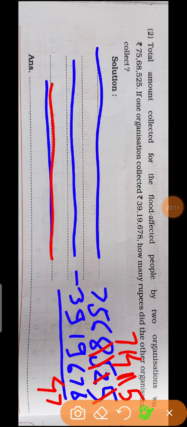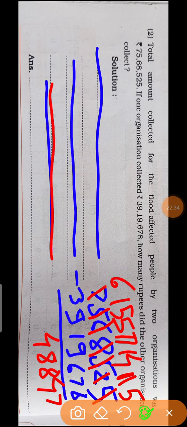Here 14. 14 minus 6, 8. 7 minus 9, it's not possible, so we have taken borrow. Here 17. 17 minus 9, 8. 5 minus 1, 4. 5 minus 9, it's not possible, so here 15. Here is the 6. 15 minus 9, 6. And 6 minus 3, 3.